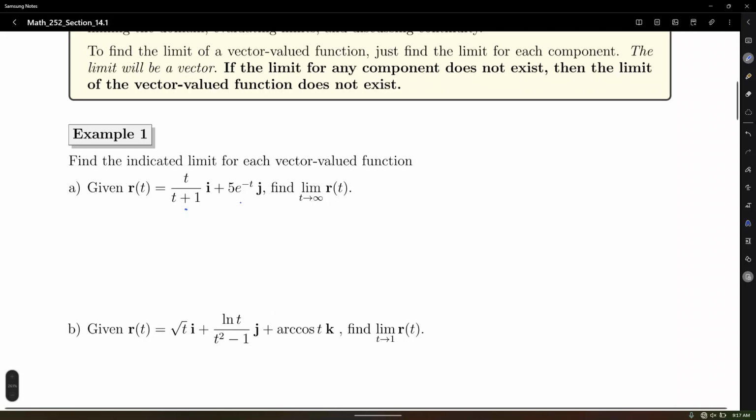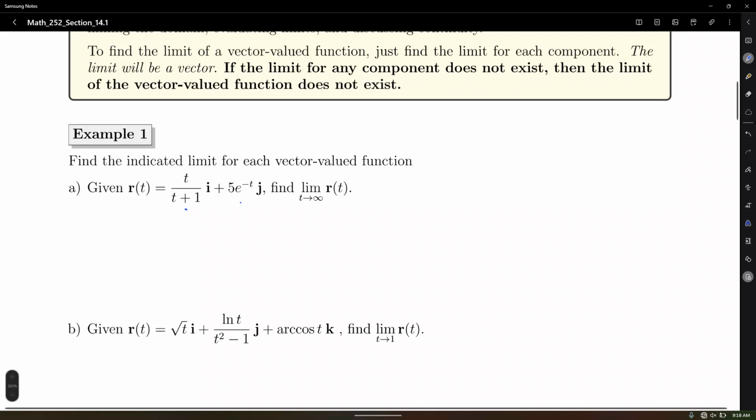Okay, so if the limit for one of the components does not exist, well, then the limit for the entire vector valued function is not going to exist. So the minute one fails to exist, it messes all of it.